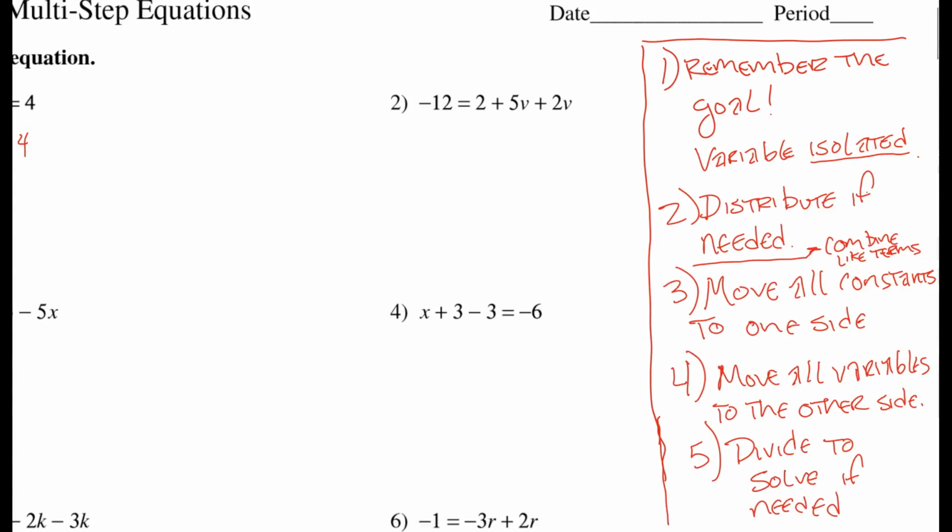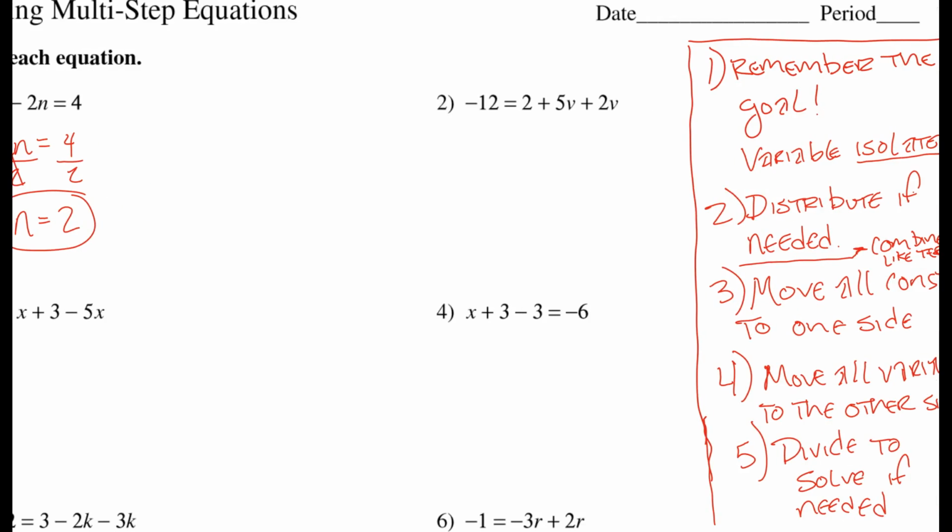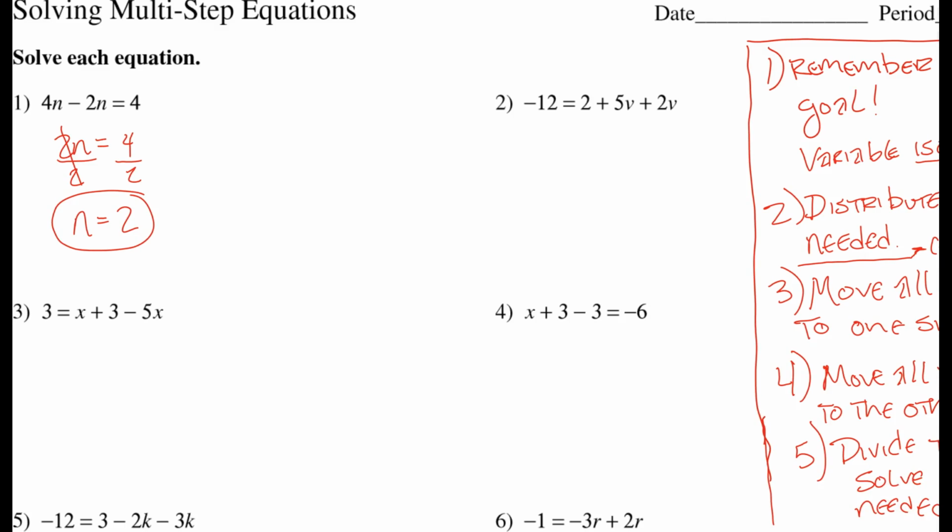Finally, divide to solve if needed. Well, here I have 2 times n. So what I'm going to do is I'm going to divide by 2, which then produces n equals 4 divided by 2 is 2. Did I accomplish my goal, my variable alone? Yes, I did. My variable is alone and everything else is on the other side.